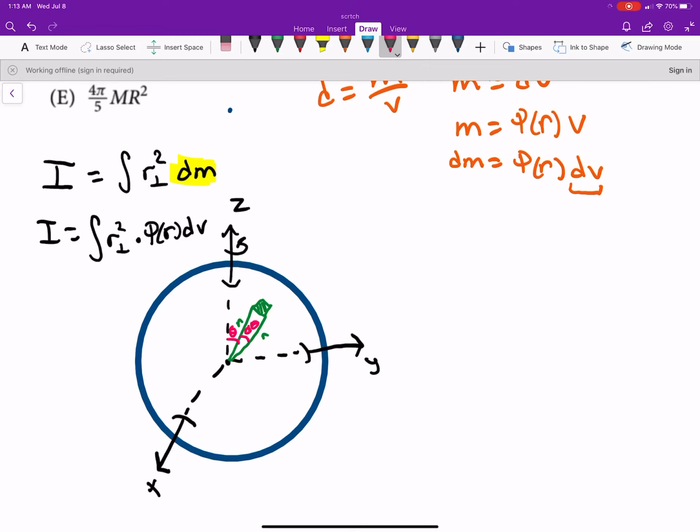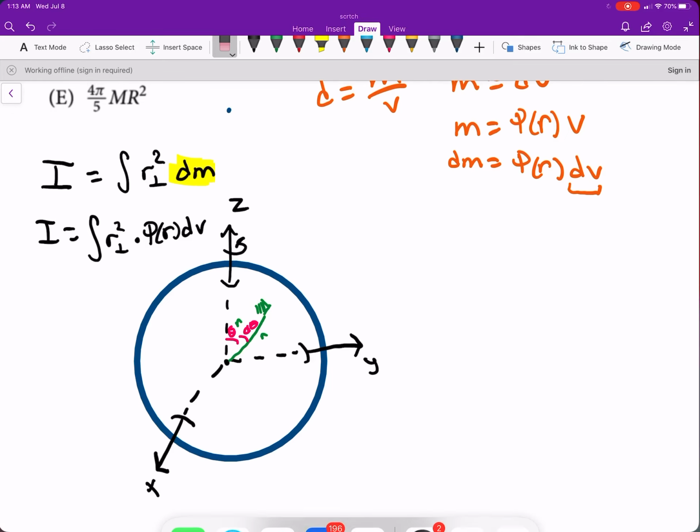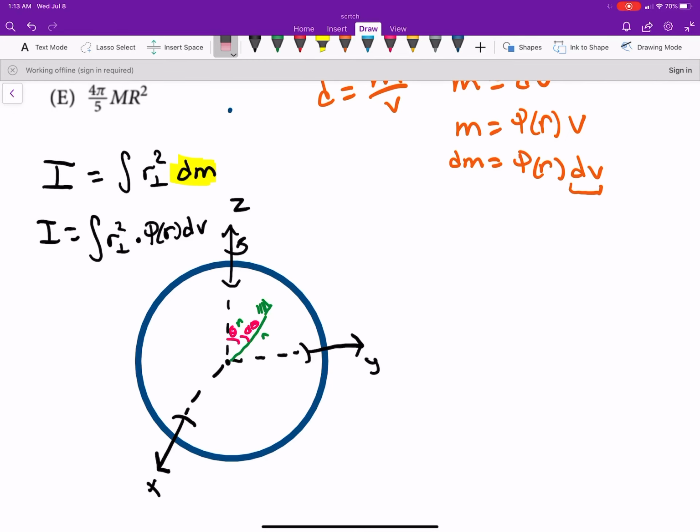It's a small little bit of theta. And then this line right here, using right triangle trig, is r sine theta. That's this part.